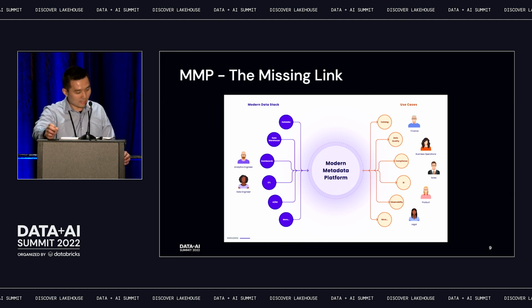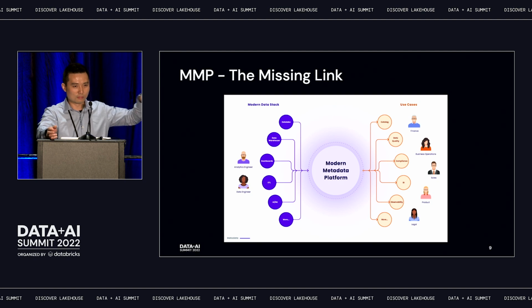And on the right-hand side, you see all these personas who are mostly the consumers of the data, right? Typically your data analysts, your business people, and various business use cases. They want to consume from the perspective of BI and all these things.